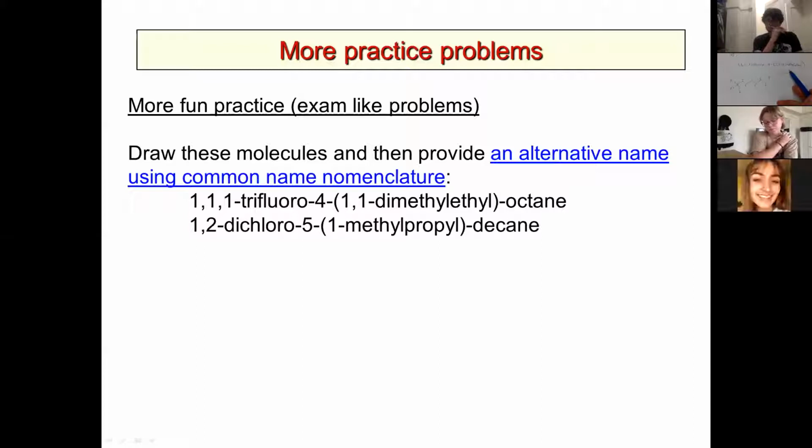Tert-butyl. Yep, tert-butyl. And this is from memory, and it takes a little while to memorize these, but it's like a carbon with methyl, methyl, methyl, right?